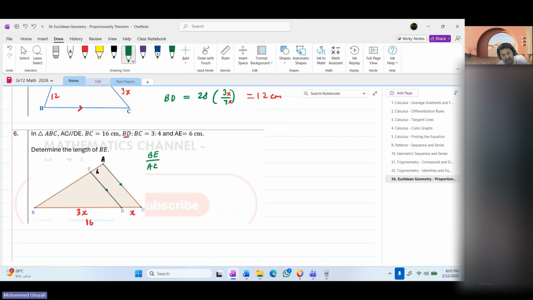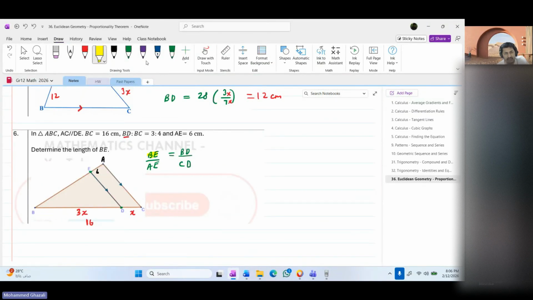BE over AE is always around the parallel line point. So BE over AE is equal to BD over CD. And what are we solving for? We are solving for BE.